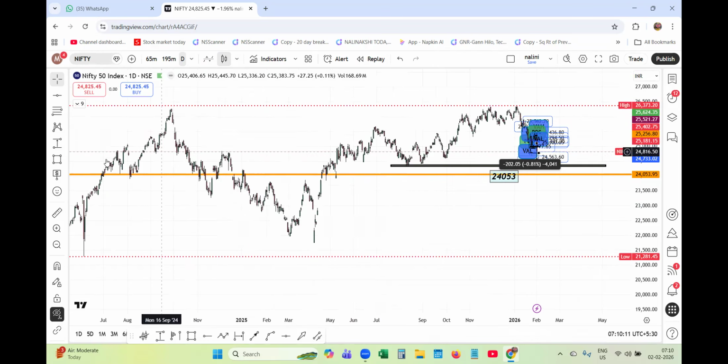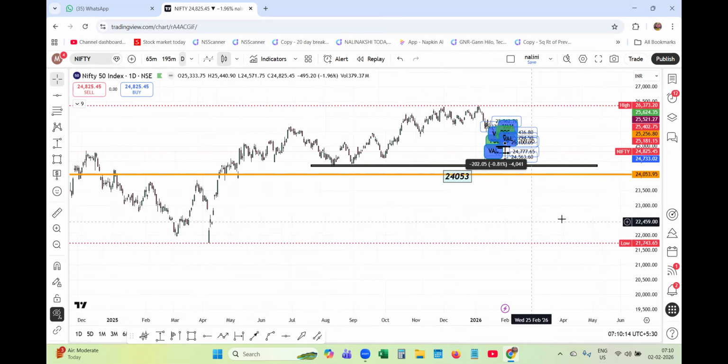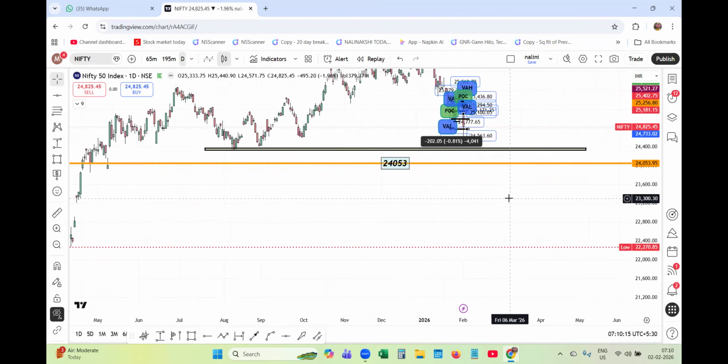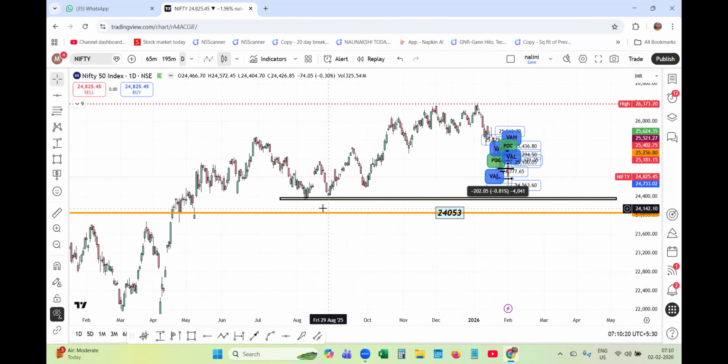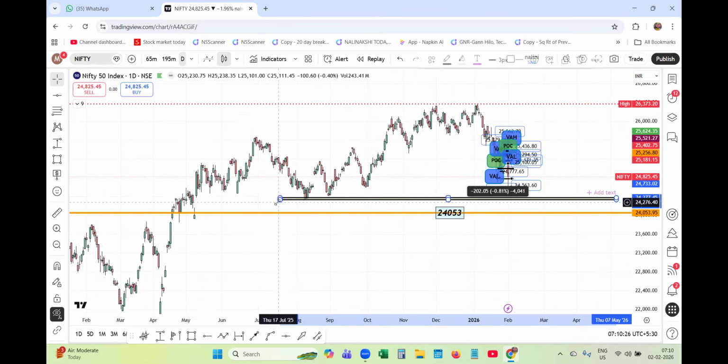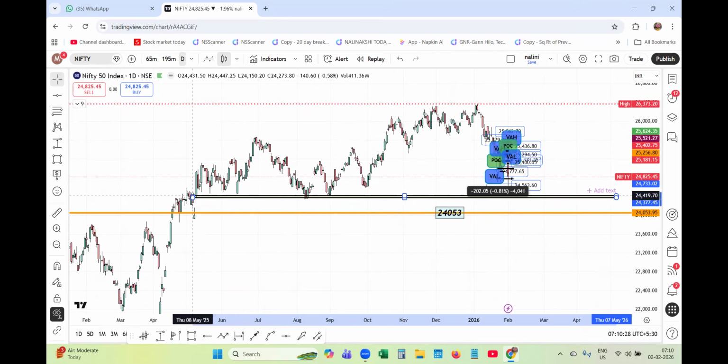So friends, actually, the market has not finished its downward journey. There is more to go in the market. This is the compression area. Beneath this compression, there is long-term liquidity lying here. The market can come down and seek this liquidity, around 24,053.